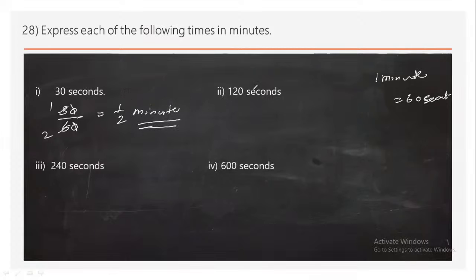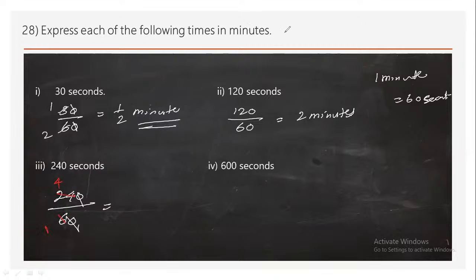Half a minute. And look at here. 120 divided by 60. 2 minutes. 240 seconds divided by 60 to convert to minutes. How many sixes for 24? 1 6. How many 6 here? 4.